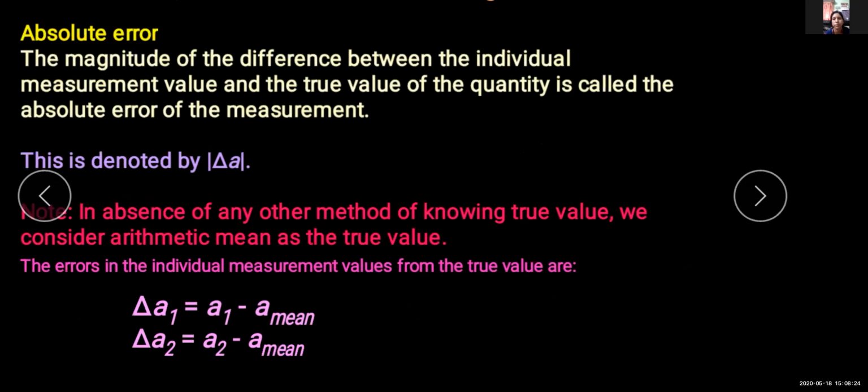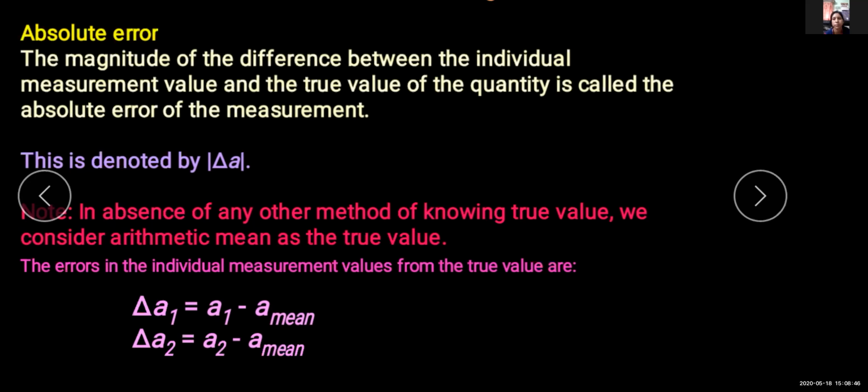Absolute error is given by the difference between the individual measurement and the true value. Suppose the individual measurements are A1, A2, A3 and the true value is given by A mean equal to A1 plus A2 plus A3 divided by 3, as we have 3 values.